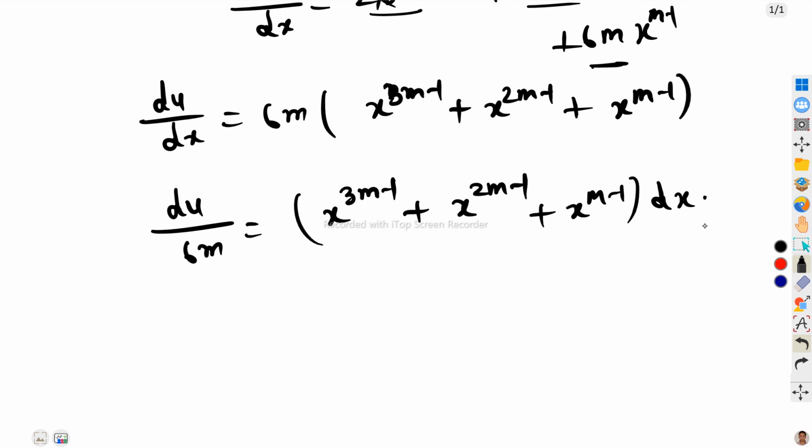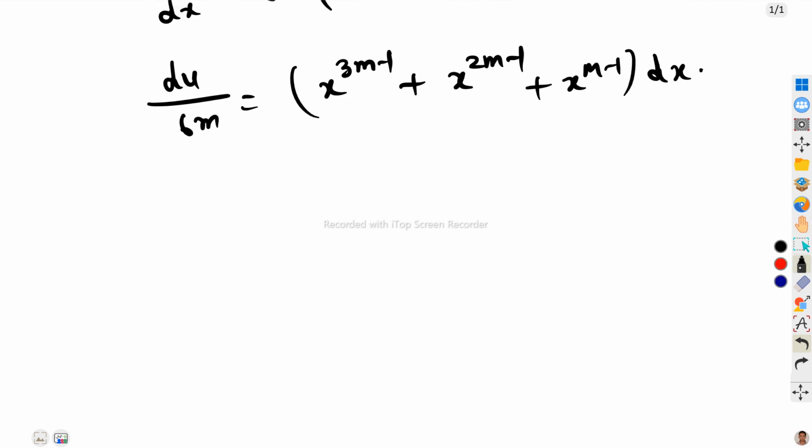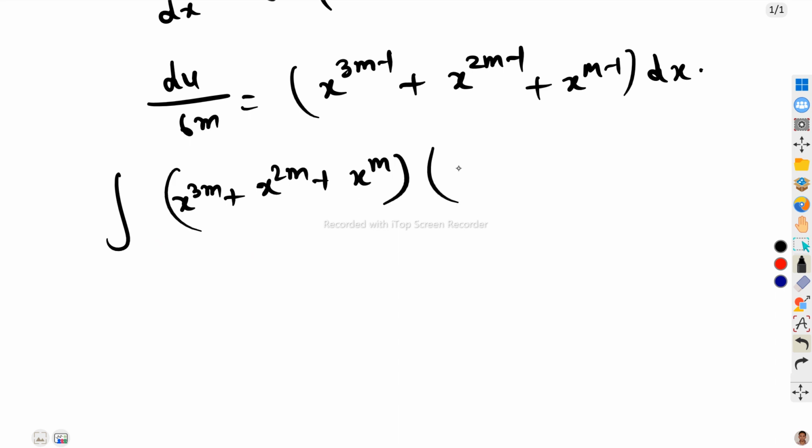Again, we have shown that these terms come in the integration. So our integration problem is the integral of (x^(3m) + x^(2m) + x^m) times (2x^(2m) + 3x^m + 6) raised to power 1/m dx.